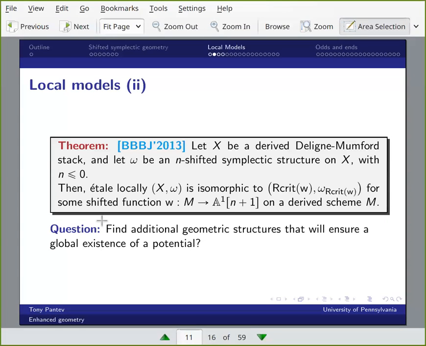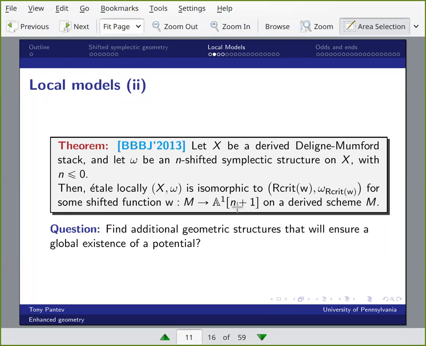Locally, that stack is isomorphic, not to a shifted cotangent bundle, but to a derived critical locus on some space, for a shifted function. So not a function, but a degree n cocycle with coefficients in functions, n+1. And so the point is that locally every shifted symplectic geometry is given by a potential, as the derived critical locus of a shifted potential.